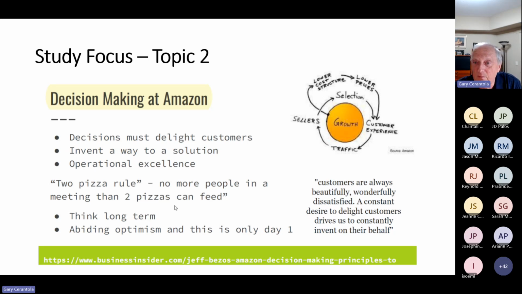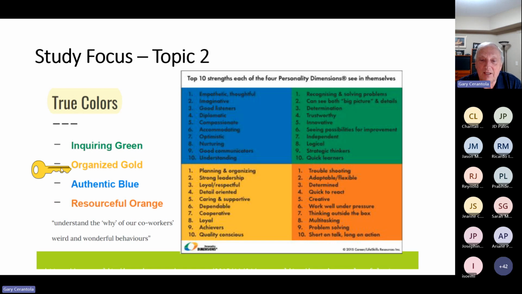Okay. All right. So here's where I talked about these golden keys. You're going to see these in my commentary presentations as well. So why am I focusing on that? Organized gold. Well, here in this true colors, here's organized gold, and take a look at all these attributes: planning and organizing, strong leadership, loyal, respectful, detail-oriented, caring and supportive. These are all great attributes of an effective manager, and that's where you need to focus in on what's going on.